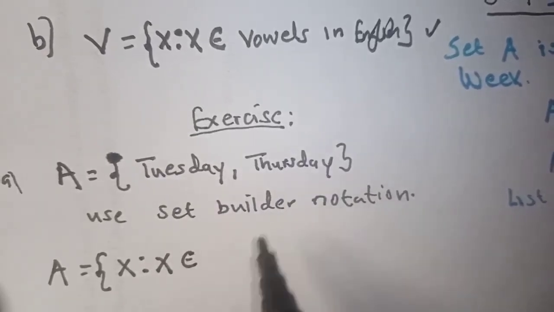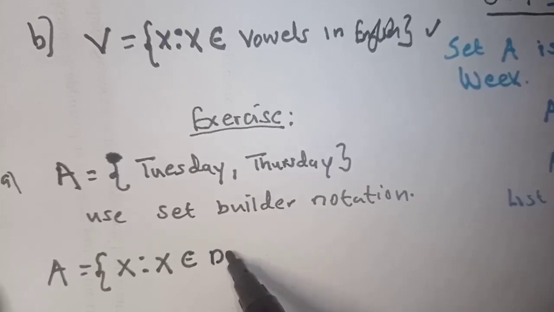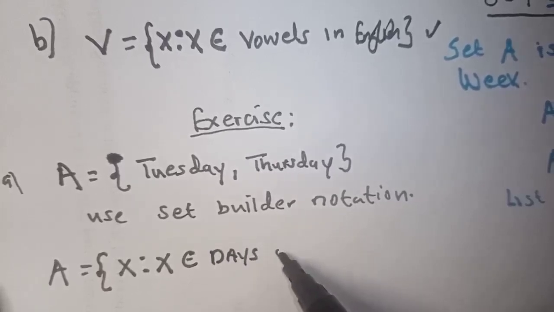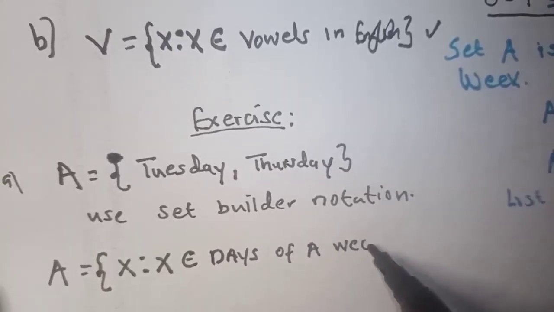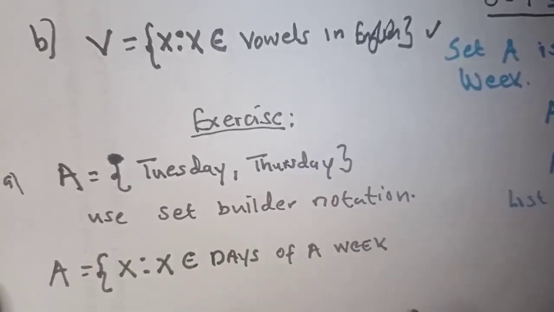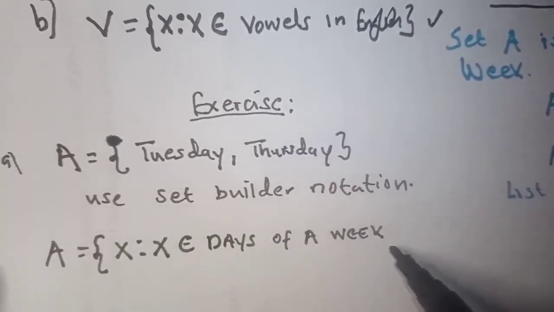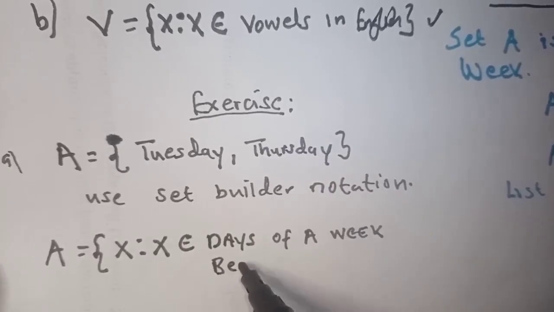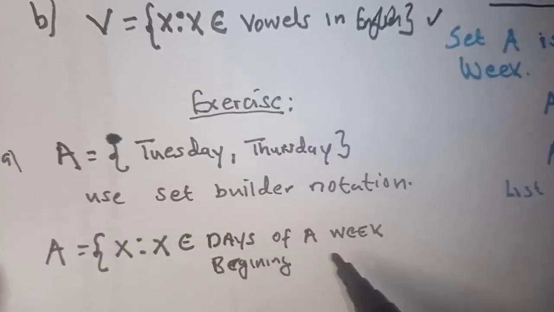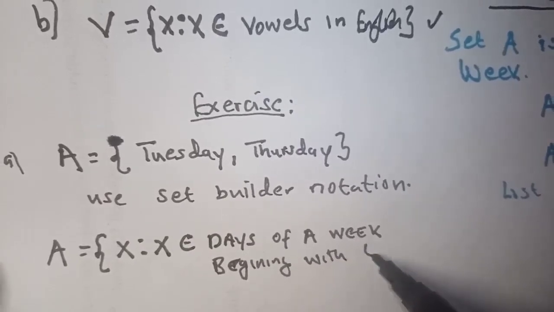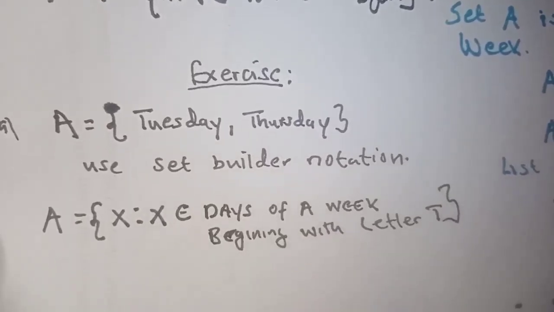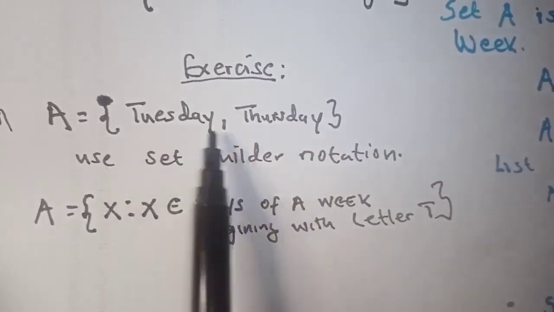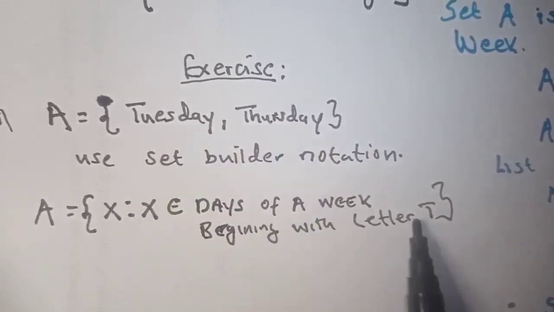So you're going to say x is a member of days of a week beginning with letter T. We look at it, and it's only Tuesday and Thursday that start with letter T. So this is how you are going to describe it.